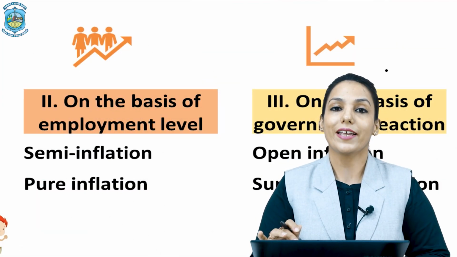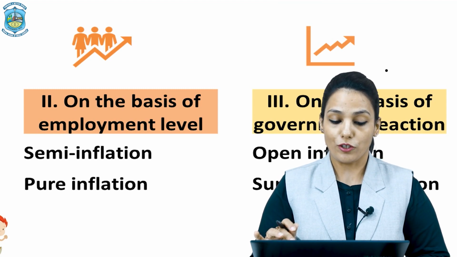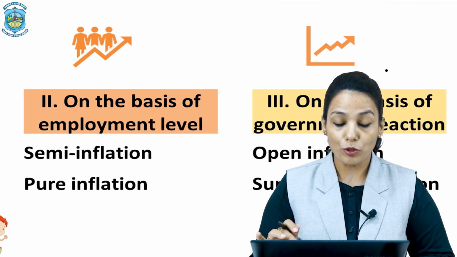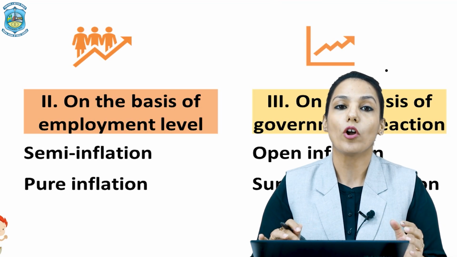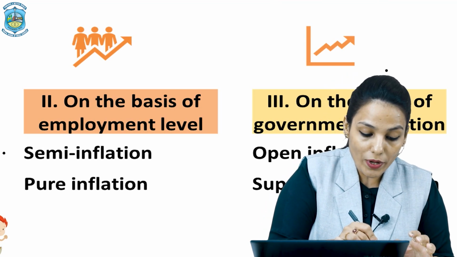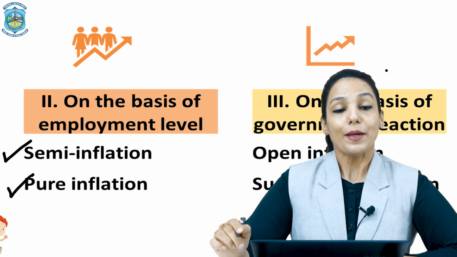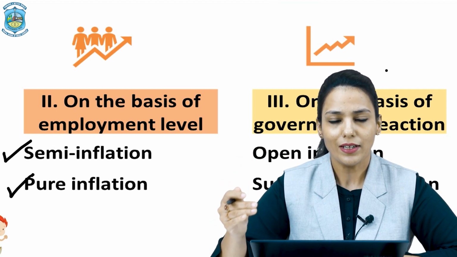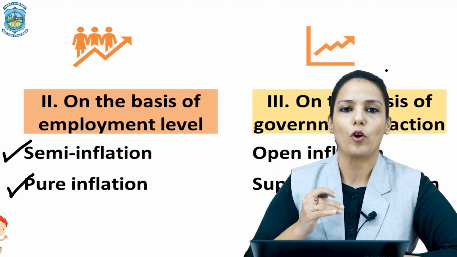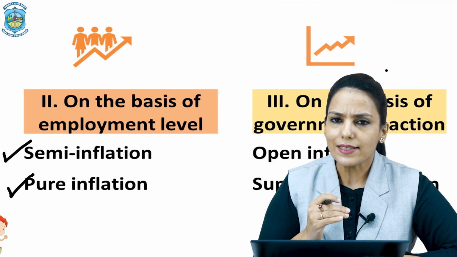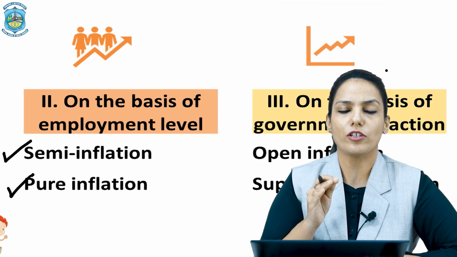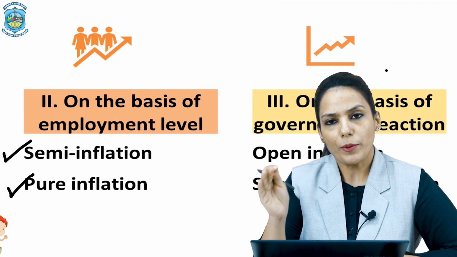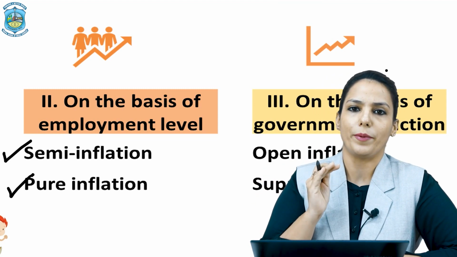Coming to the second basis, that is, types of inflation on the basis of employment level. The first one is semi-inflation. Semi-inflation is described as an increase in the general price level that occurs before the full employment level. Now, Keynes made a differentiation between the full employment level and the underemployment level.